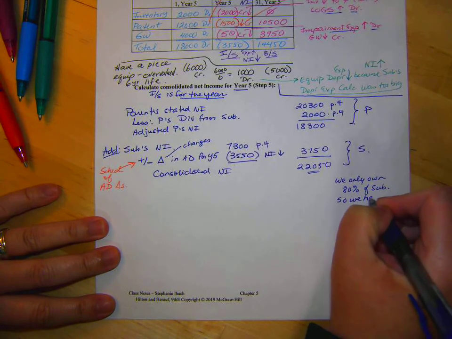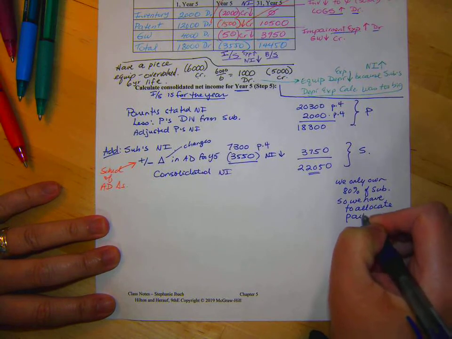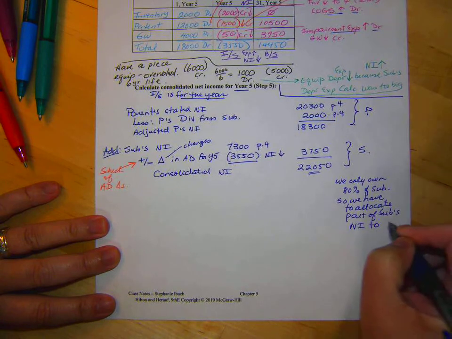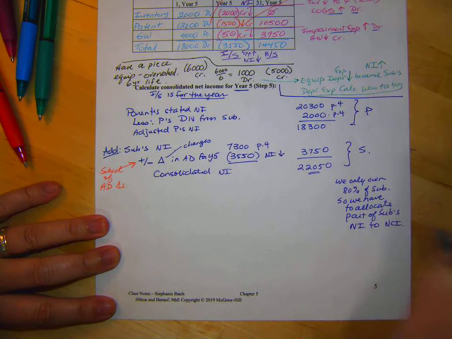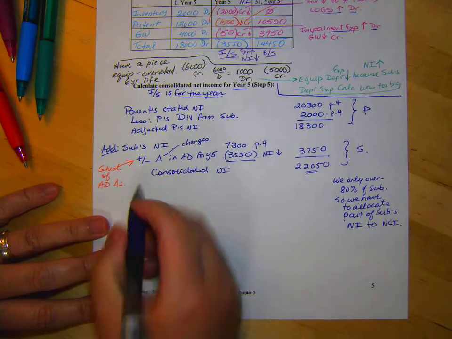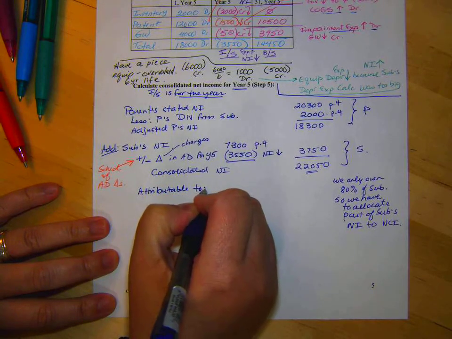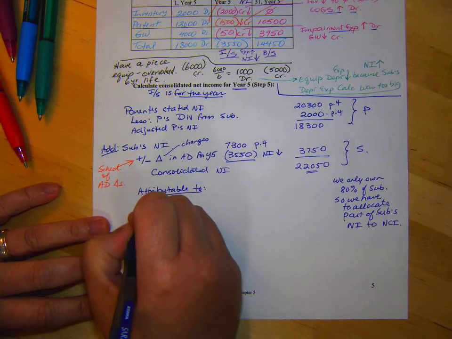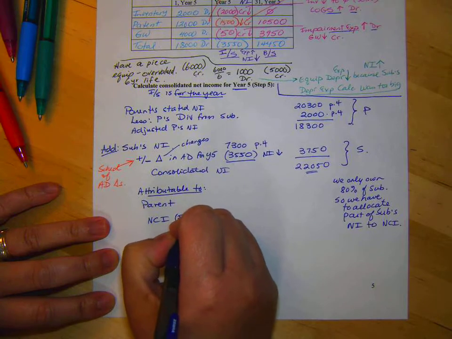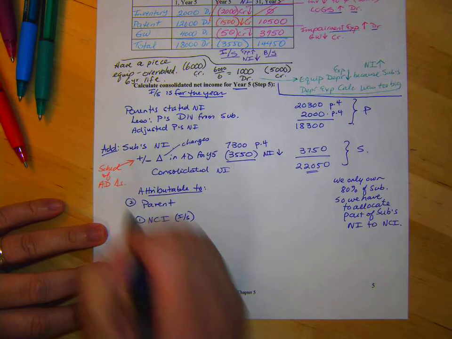So we have to allocate part of the sub's net income to NCI. So the way it's written, it says attributable to, and some's going to come to the parent, and some's going to come to NCI on the income statement. So you have to do the NCI part first, then the parent.